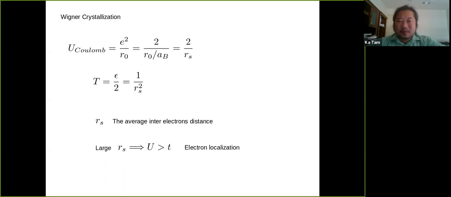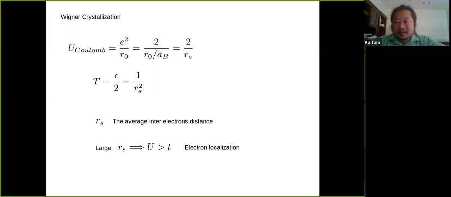So very quickly, let me talk about why we are interested in the Hubbard model. A little bit of history. The first person who considered the electron crystallization, or the localization of electrons, is Wigner, around 1930, early 30s, if I remember correctly.